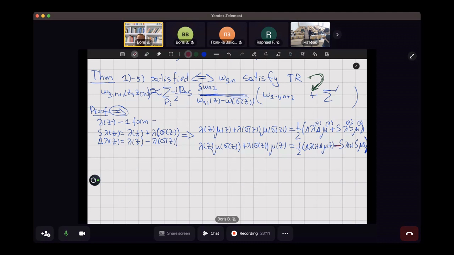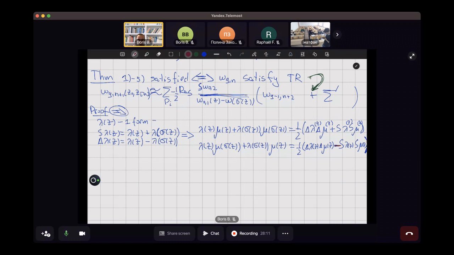So let me define P1 of omega g,n of z1 and all other variables z2, etc., zn, as a sum over all ramification zeros of dx.